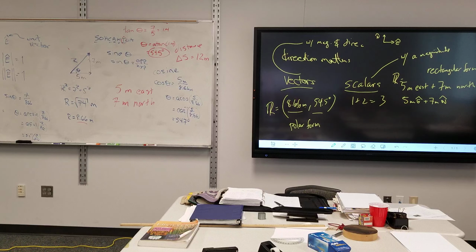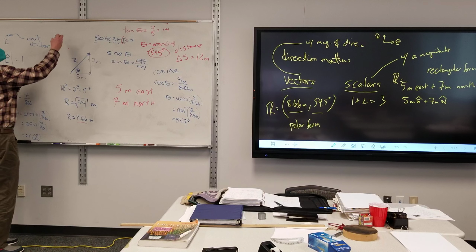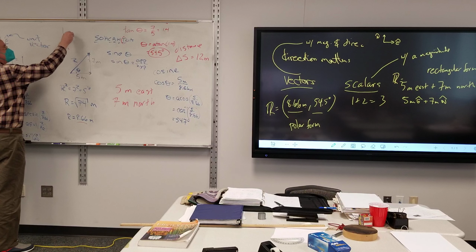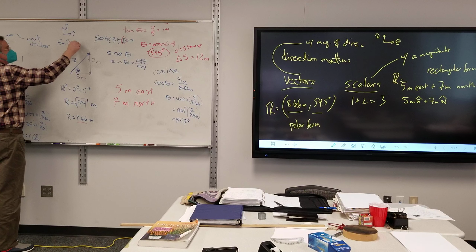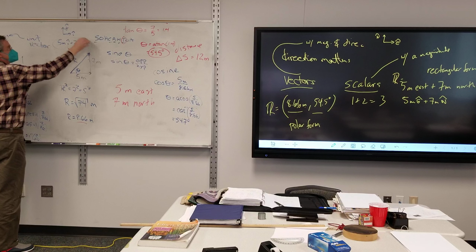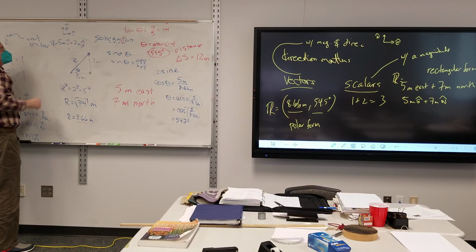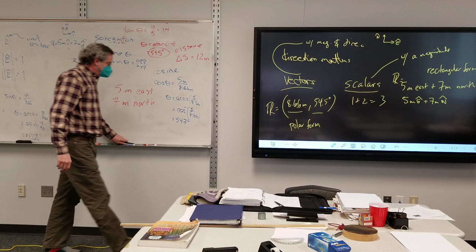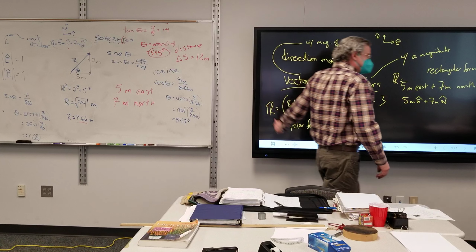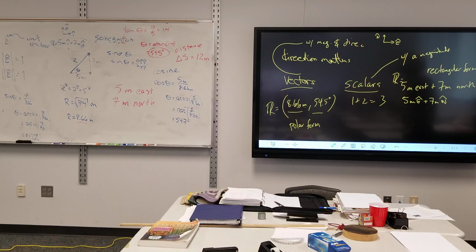So instead, I use something more generic. Instead, I'm gonna write I hat, J hat. My final answer is 5 meters I hat plus 7 meters J hat, and that's my answer in rectangular form. So we have multiple ways of expressing the same thing. And the reason why I prefer I hat, J hat, who sat physics before?